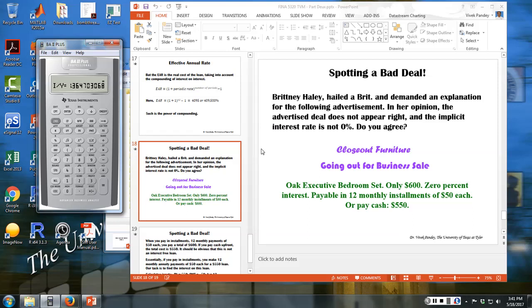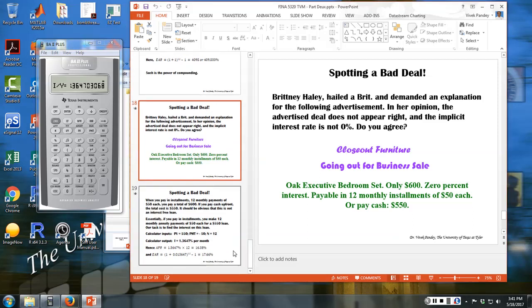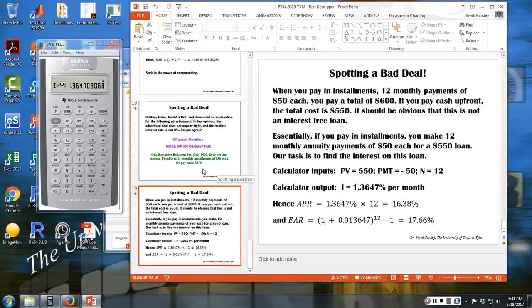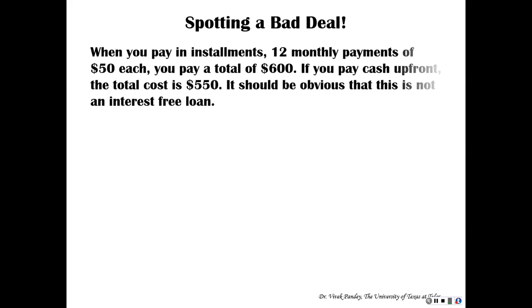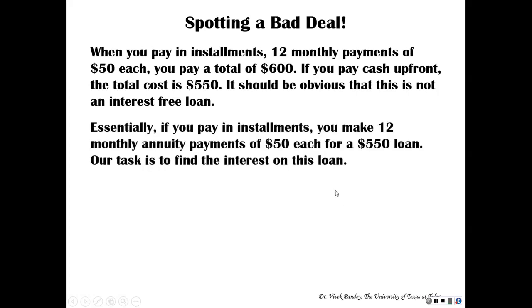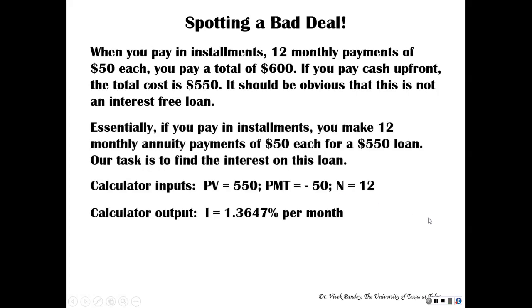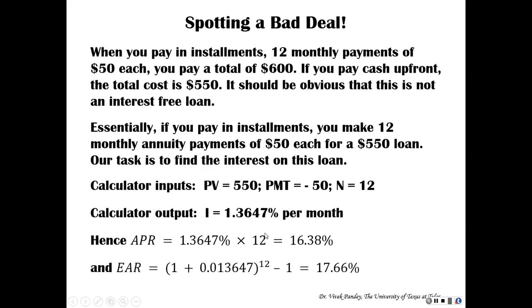This is actually the monthly rate, because it's a monthly annuity. If you multiply it by 12, you get the nominal rate, the quoted rate, which by law the advertiser should have told you: the interest rate is 16.38% at least.